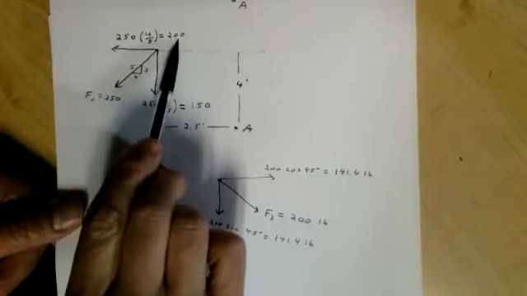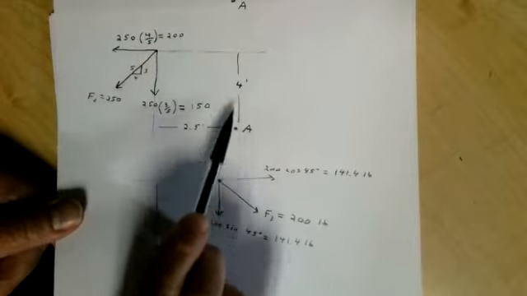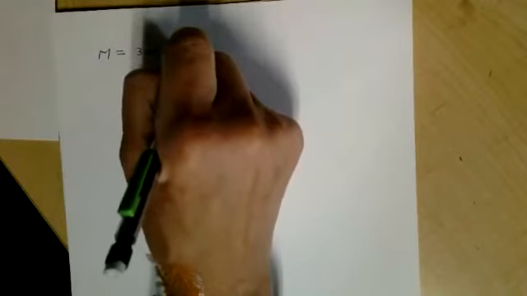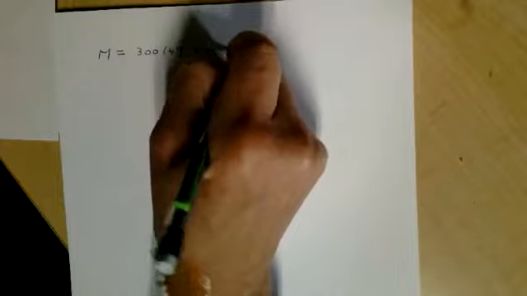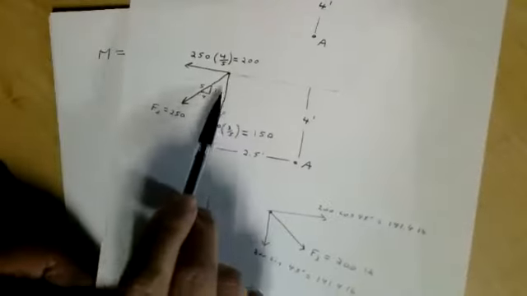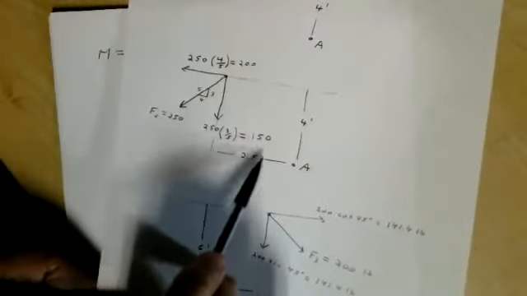Say this 200-pound has a moment arm of 4 feet. And then this 150 has a moment arm of 2.5 feet.